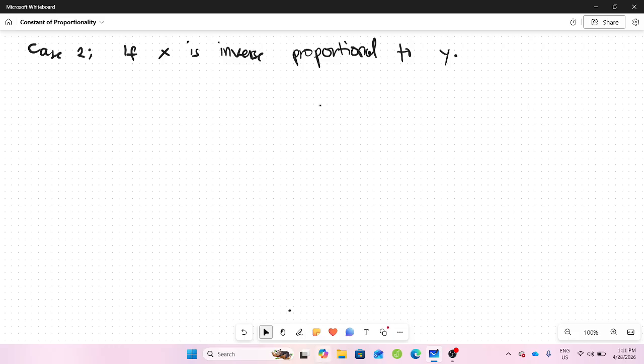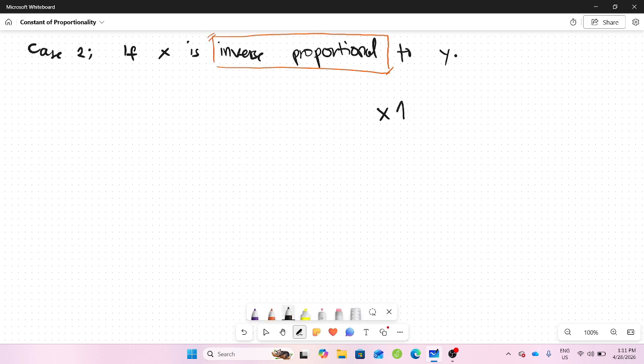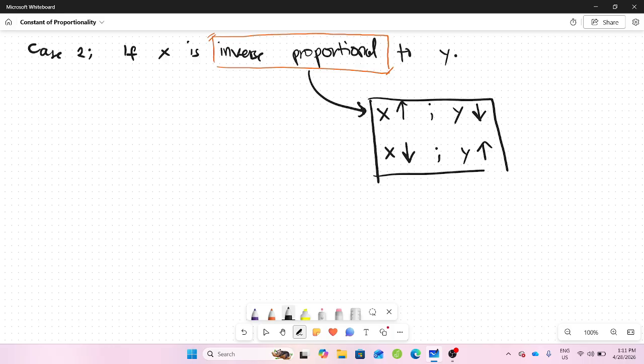It means the term inverse proportional is opposite to case 1. If x increases, you would expect that y should decrease. If x decreases, then the value of y should increase. That's the meaning of inverse proportional or inversely proportional. So this is kind of opposite to case number 1.